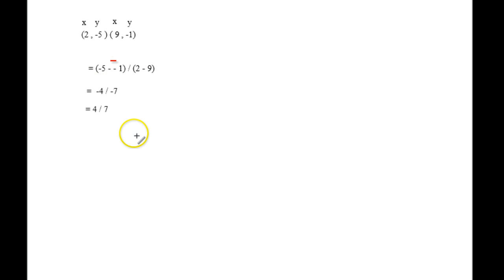Now, what is that saying about this problem? In order to go from one point to another, so let's say we went from (2, -5) to (9, -1), and this should help you with checking your work.